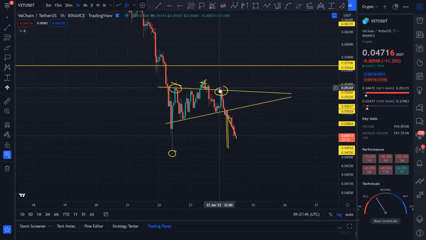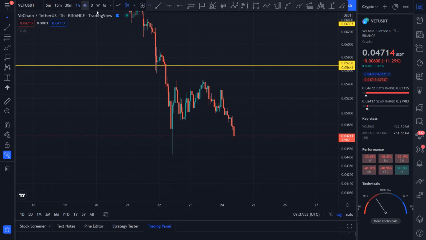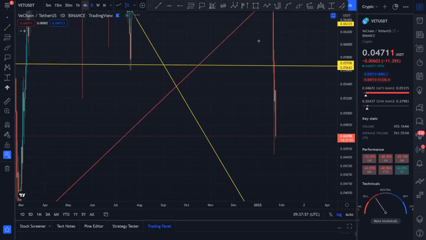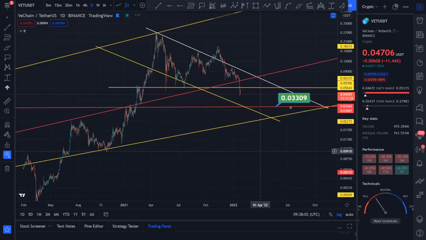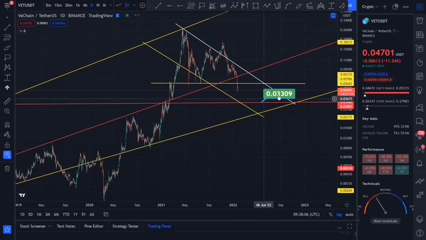Let me just take this off. Overall, we are in a downtrend. That's not a surprise for most of us, and we might see VeChain come very close to this price.